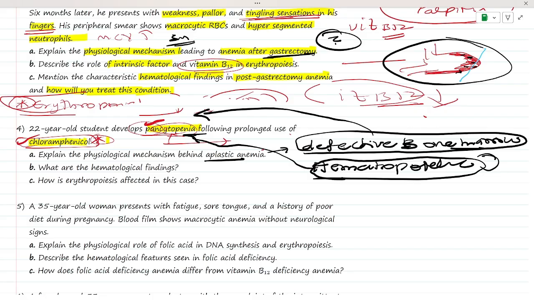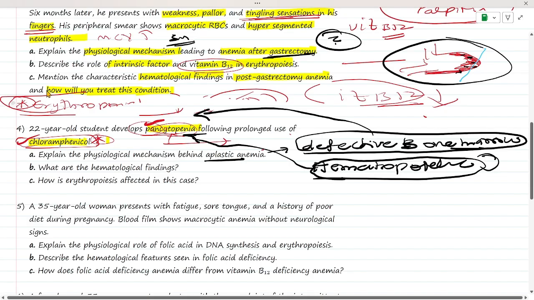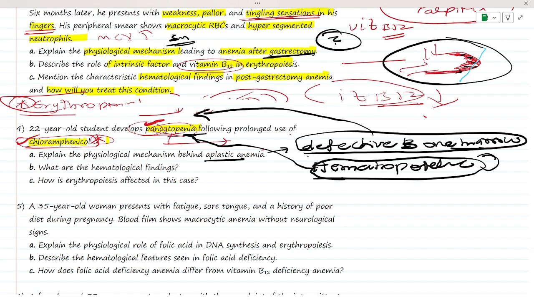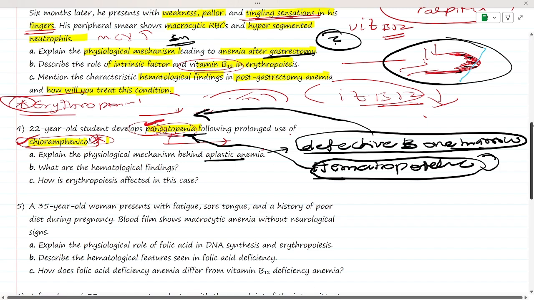Okay, now what does chloramphenicol have to do with this? This chloramphenicol is a very strong antibiotic. It affects the bone marrow basically. So it affects the bone marrow, leading to pancytopenia.